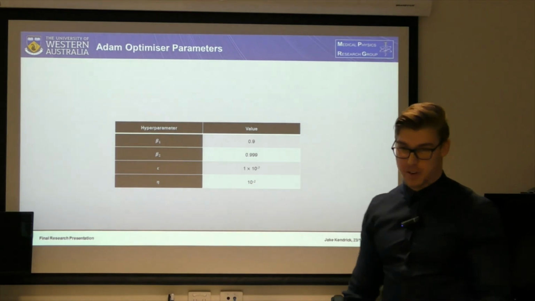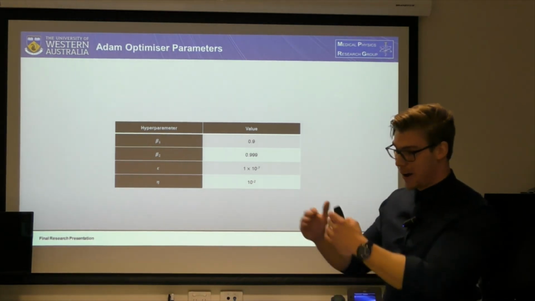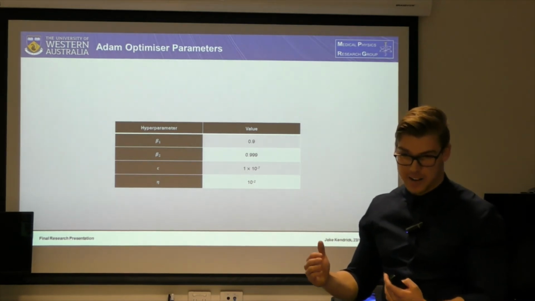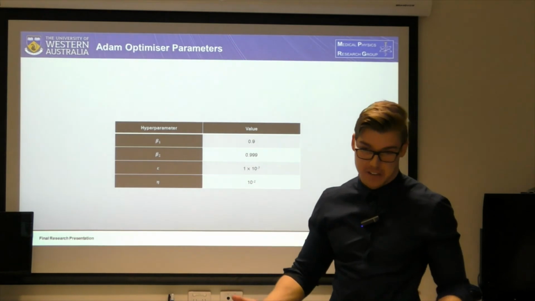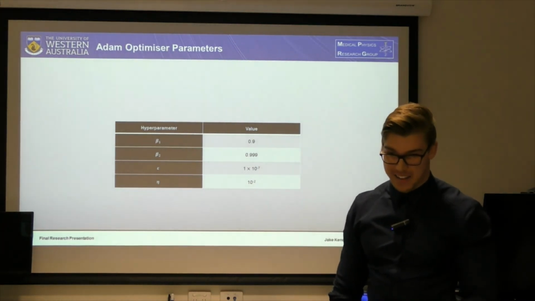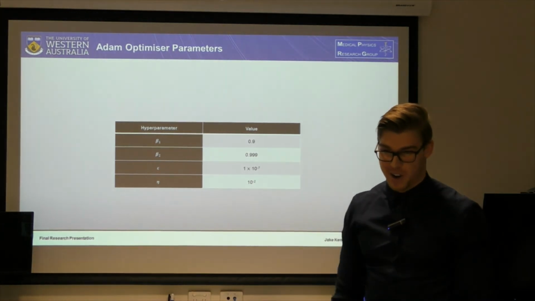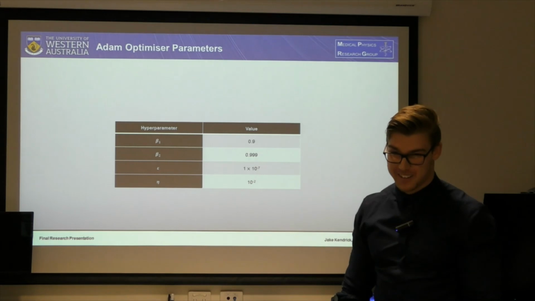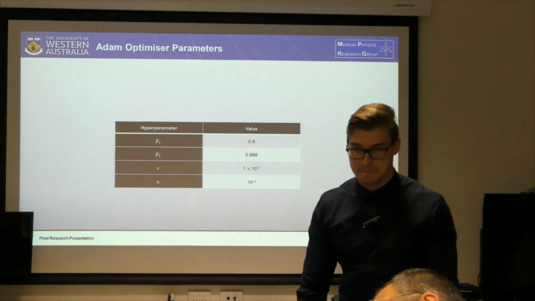I chose that just because it's standard. And the binary cross-entropy loss function is a binary loss function for classification tasks, which this can be considered because you're classifying every pixel as a 0 or 1. So those are the two standards that I chose. There are heaps of others out there, and new ones being developed all the time. You can't test them all in 8 months, unfortunately. But yeah, that's it.